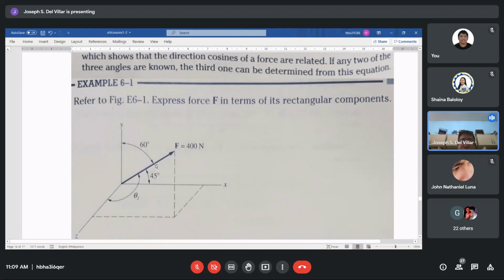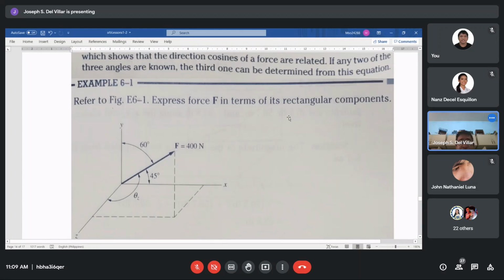Okay, and what is 60 degrees? Theta y. So meaning to say, theta sub x and theta sub y are the two given direction angles. So that means to say, theta sub z was not given, and that means you are going to solve it. Okay?